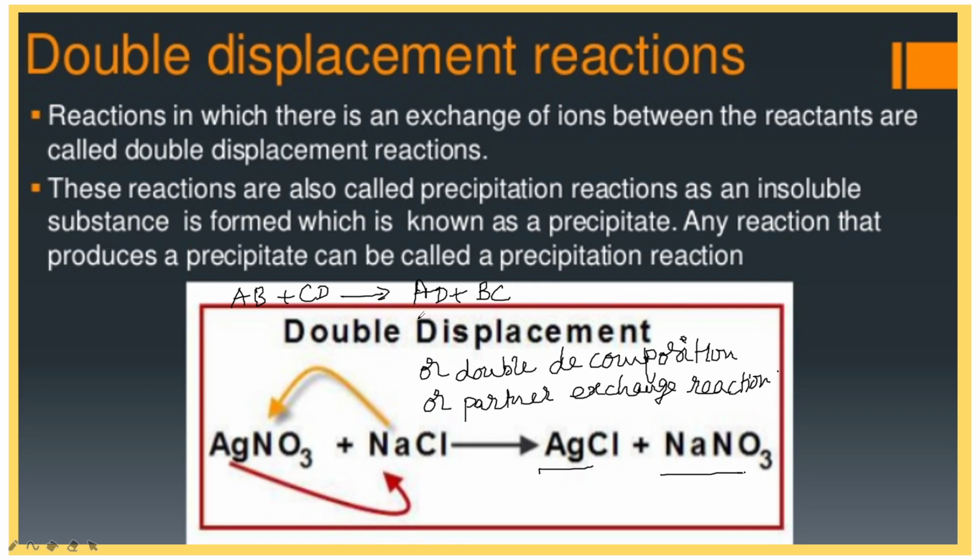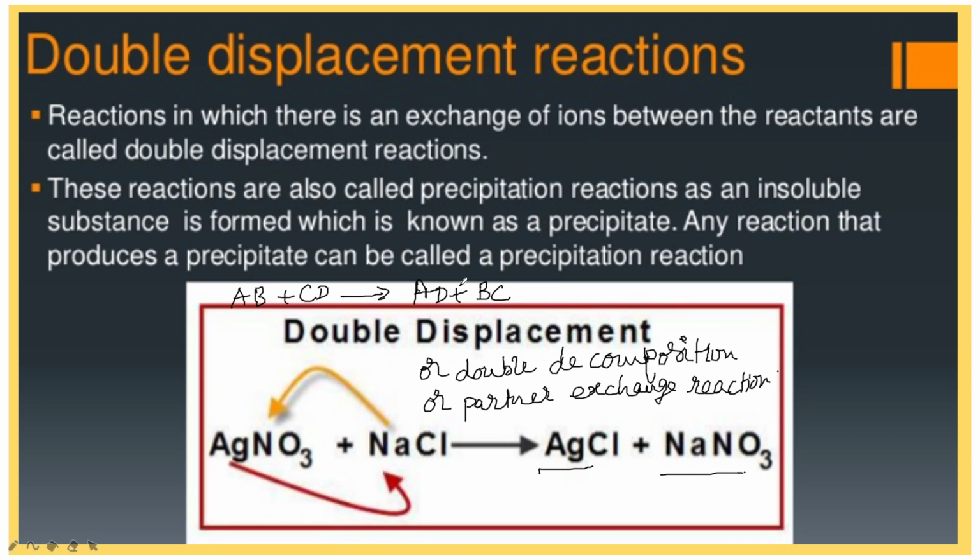leads to the formation of an insoluble product which is called a precipitate. Of the products formed, AD or BC, one is a precipitate which is insoluble. One will be in liquid form, and one in insoluble form, which is called the precipitate.